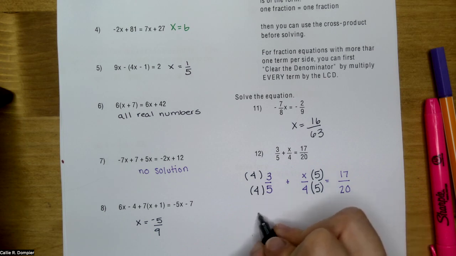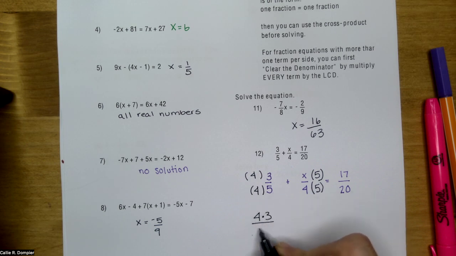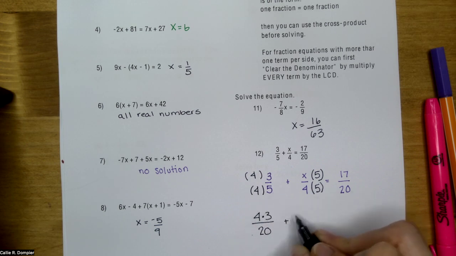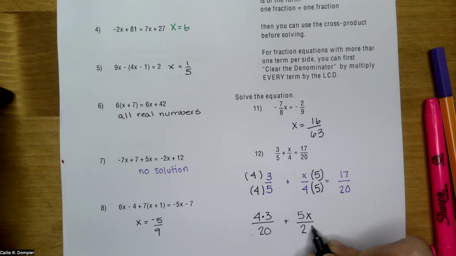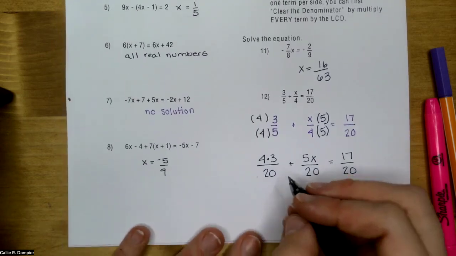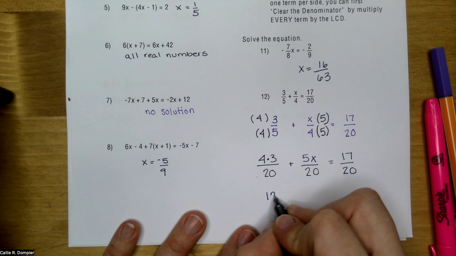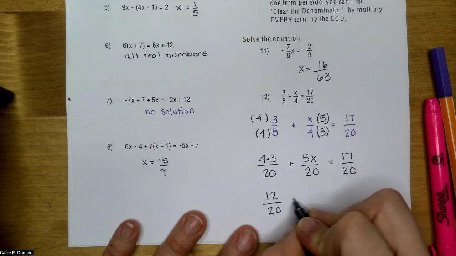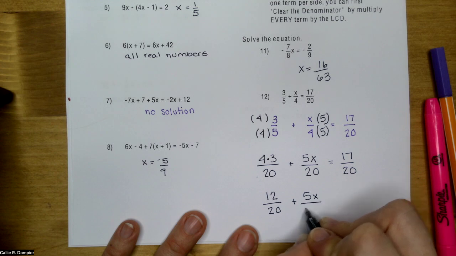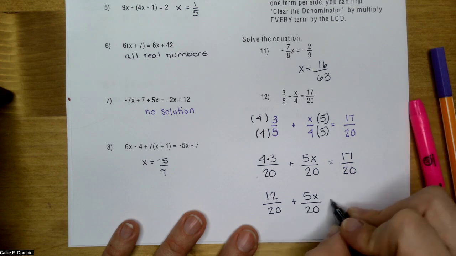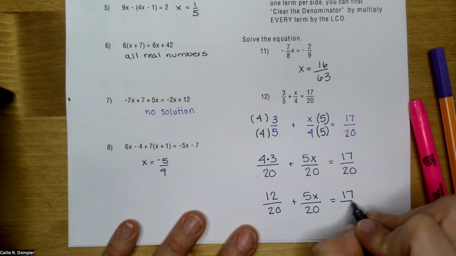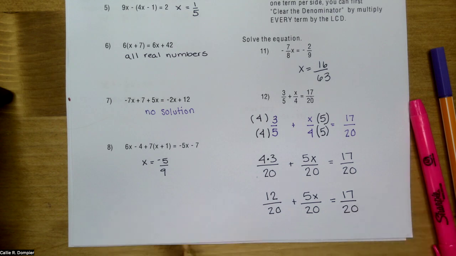So now I have 4 times 3 over 4 times 5 is 20 plus 5 times x over 4 times 5 is 20 equals 17 over 20. And then you can simplify that further by saying 4 times 3 is 12. 12 20ths plus 5x divided by 20 equals 17 divided by 20.